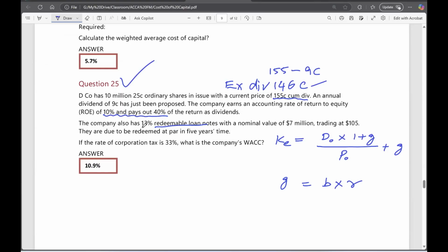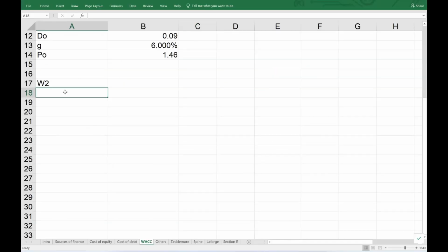13% is the par value. Tax is also there. Redeemable debt, easy way is to use the IRR.